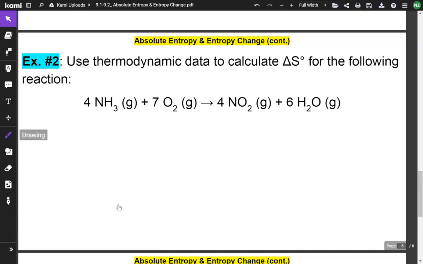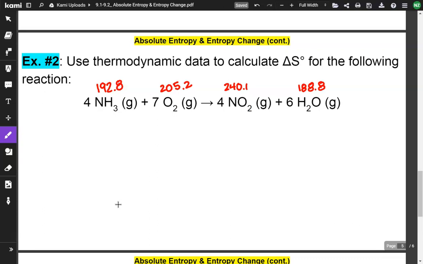If we go and look up this value, NH3 is 192.8. Oxygen, O2, is 205.2. And NO2 is 240.1. And then H2O is 188.8.